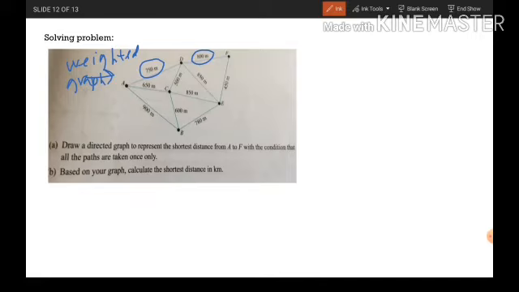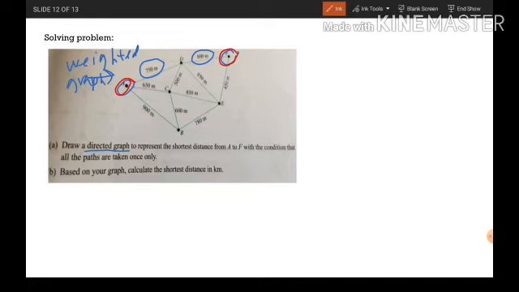So now, look at the first question. Draw a directed graph to represent the shortest distance from A to F. From A to F. Okay. So, draw a directed graph. Now, look at the shortest distance.